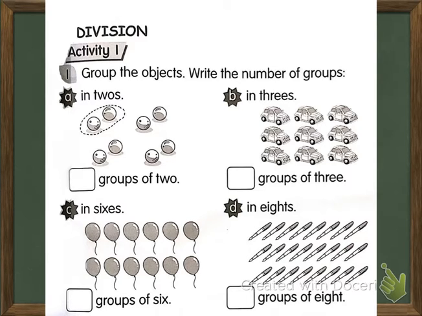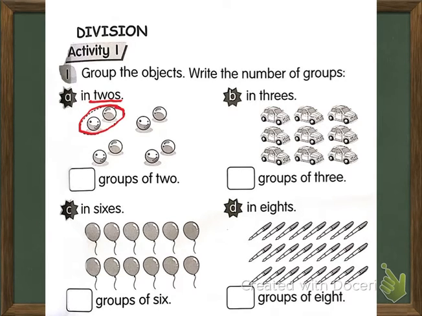Number 1A. You have to group the objects in twos. Twos means setiap kumpulan ada 2. The first one has been done for you. I will write it. This one, group of twos.